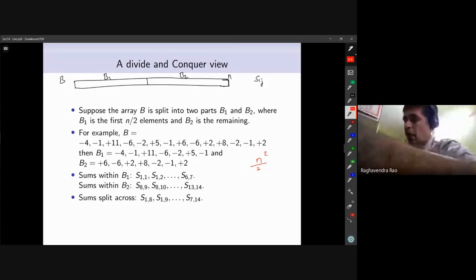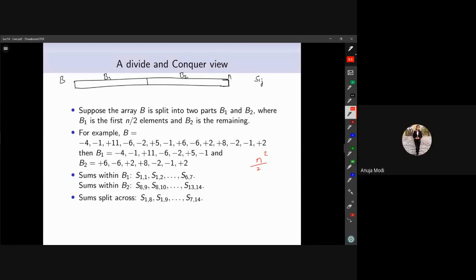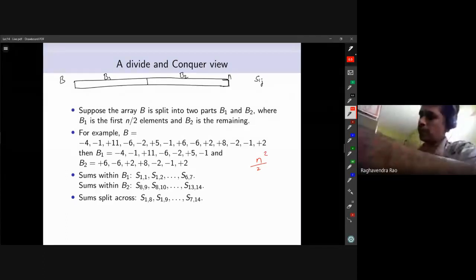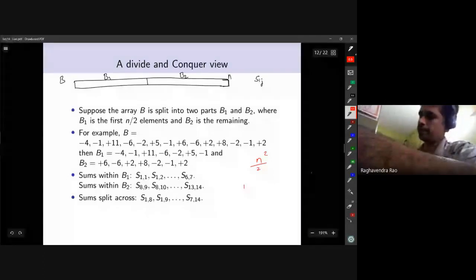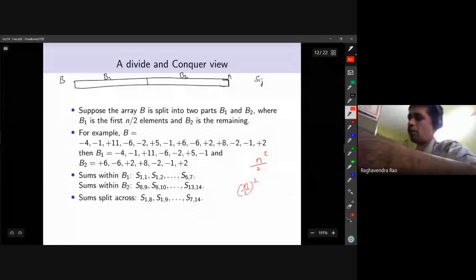Out of which, how many pairs fall completely within B1? Can somebody tell me? N square by 4. Yeah, so it is n by 2 square, right? And how many fall within B2?